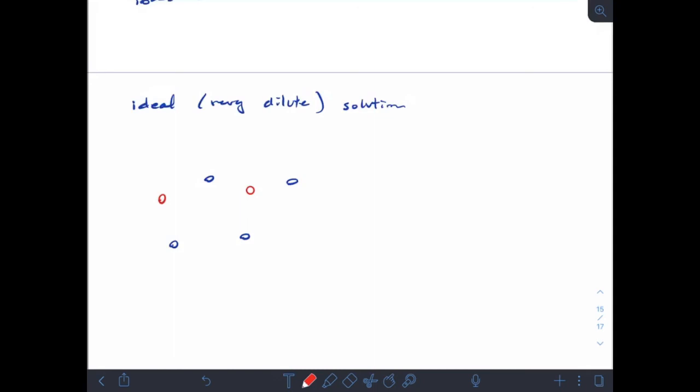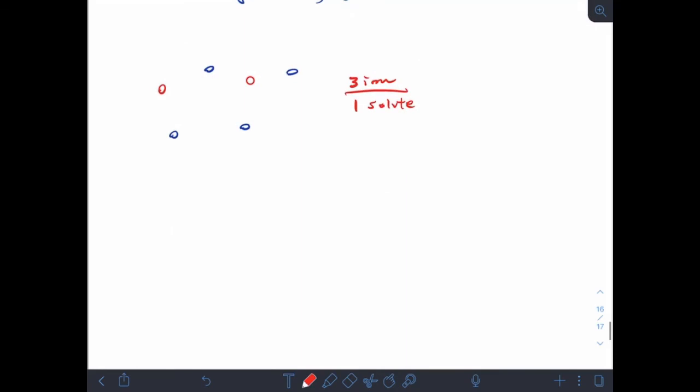So they separate perfectly and everything goes just fine. We have 3 ions for every 1 solute molecule, right?